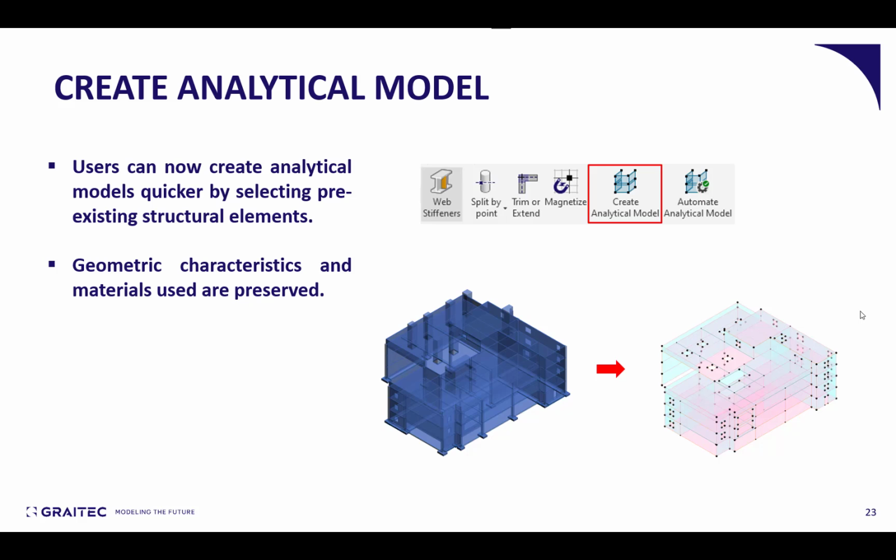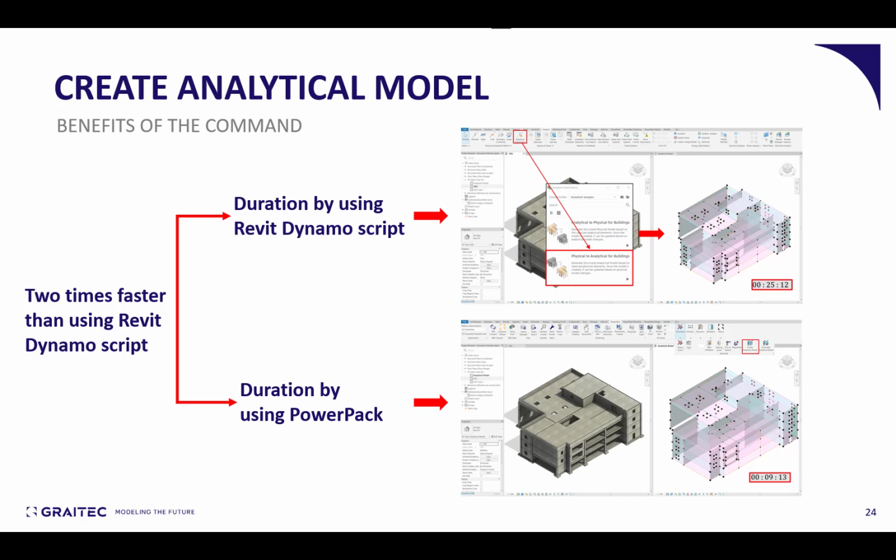You just select the entire structure, and the software will automatically create a connected analytical model everywhere, creating the analytical members and panels for all objects in the model, and it will create it fast in comparison to the Dynamo scripts. The difference in terms of speed and performance is really important.